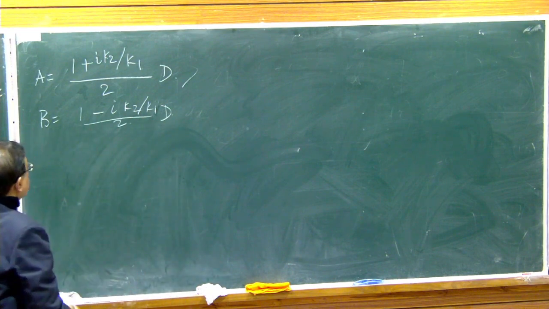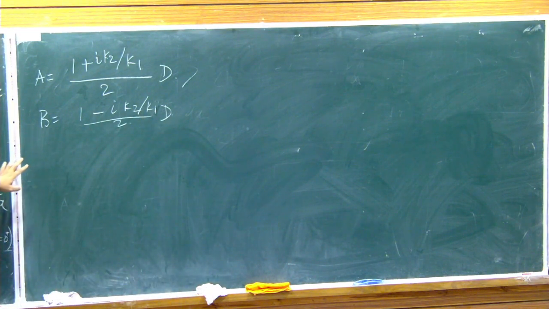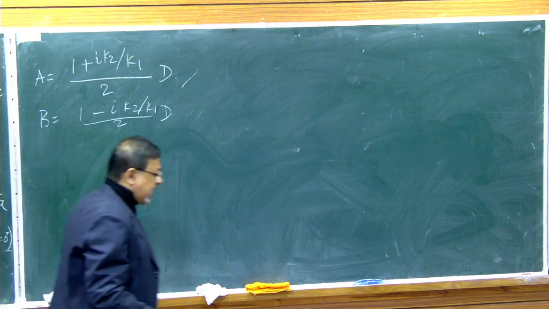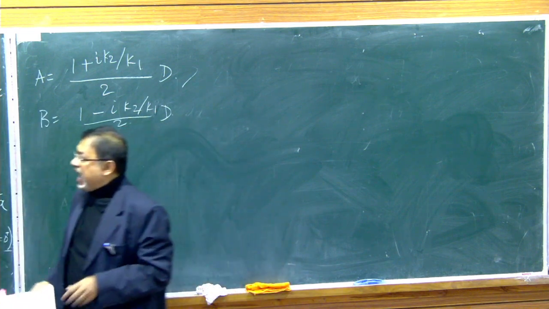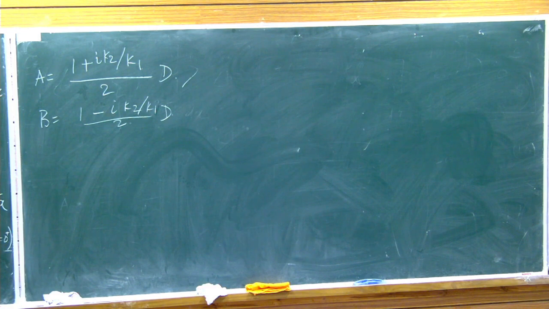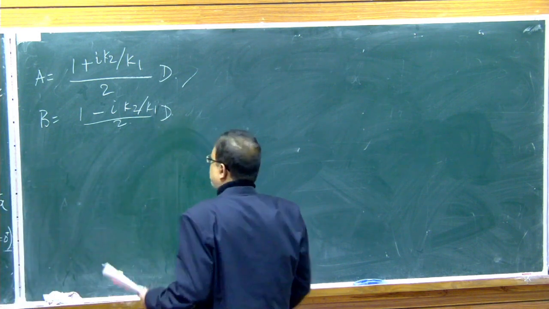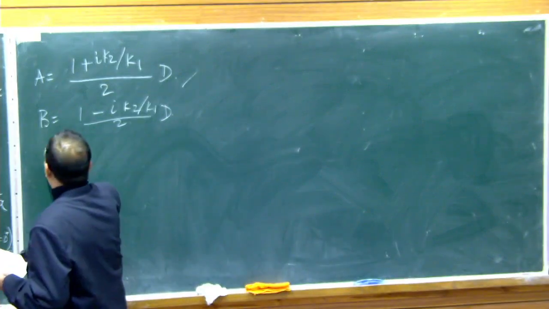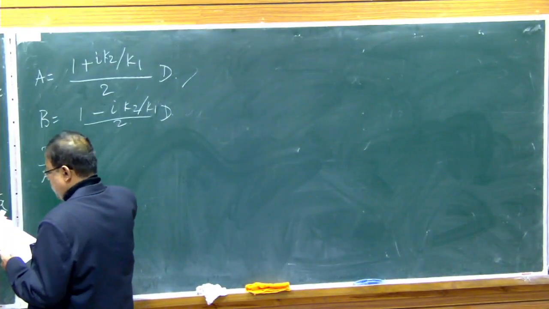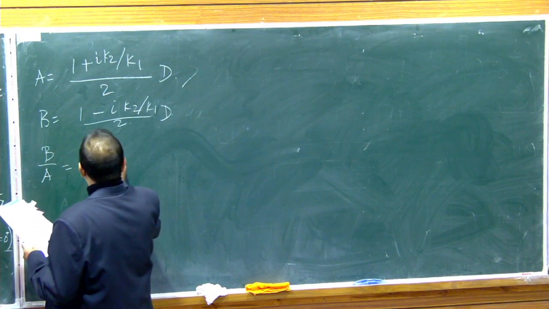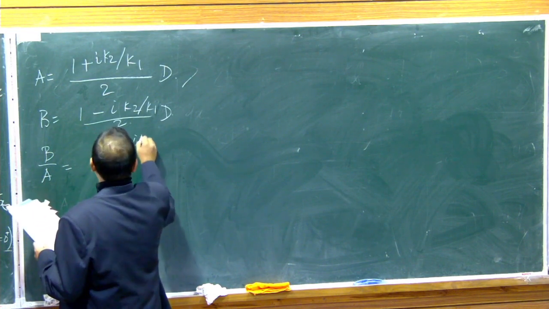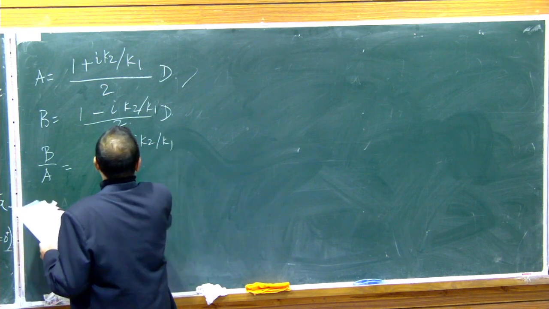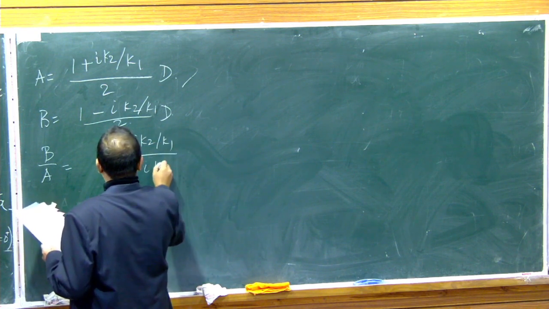Okay. So, see that a and b are calculated, which means that I am calculating the coefficients on the left region. The left region is given by A and B and the right region is given by the coefficient D. Okay. All right. So, this is your A and B. So, B by A is equal to 1 minus I k2 by k1 divided by 1 plus I k2 by k1.